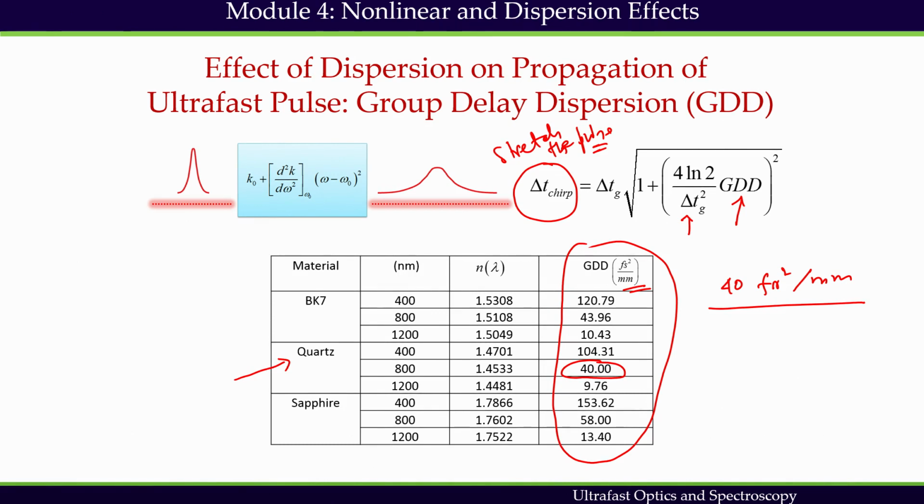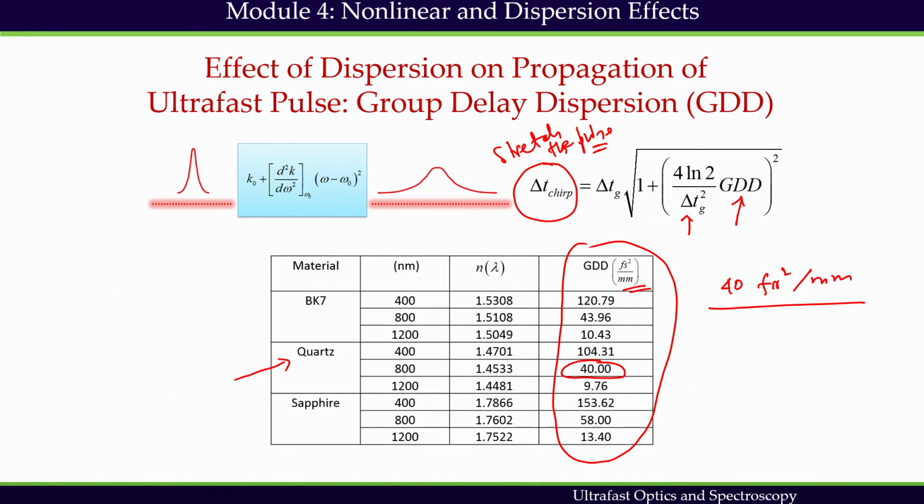This is unavoidable. Any ultrafast pulse propagating through a medium will stretch the pulse. Now the question is, if we look at one simple example, nearly all high power ultrafast laser systems make use of a technique called chirped pulse amplification.